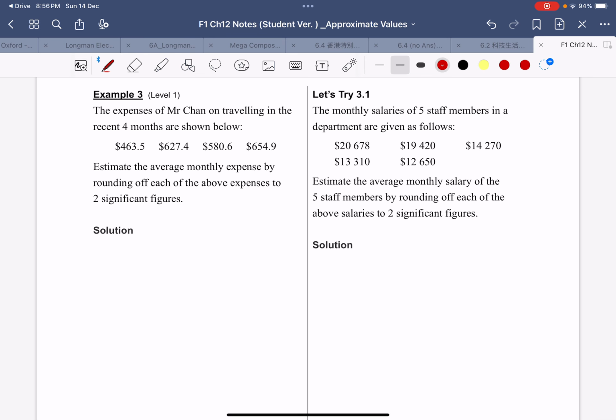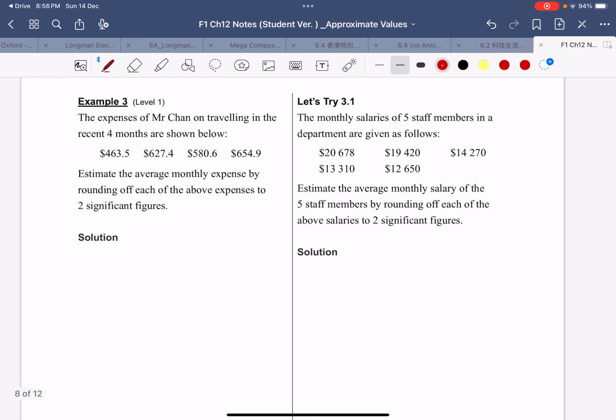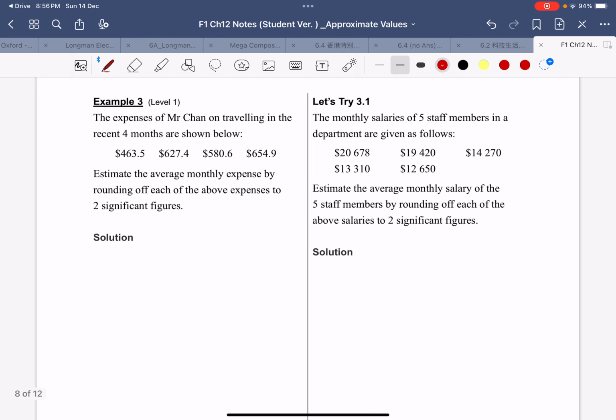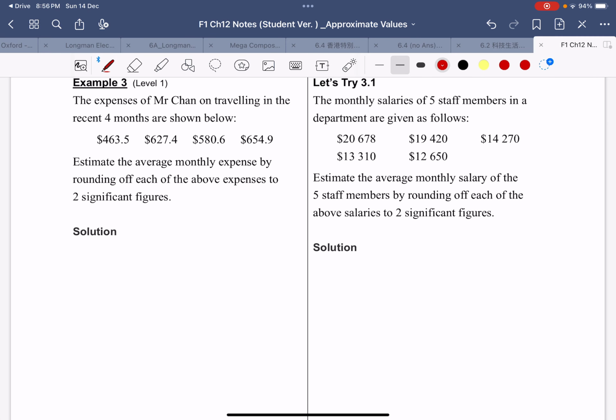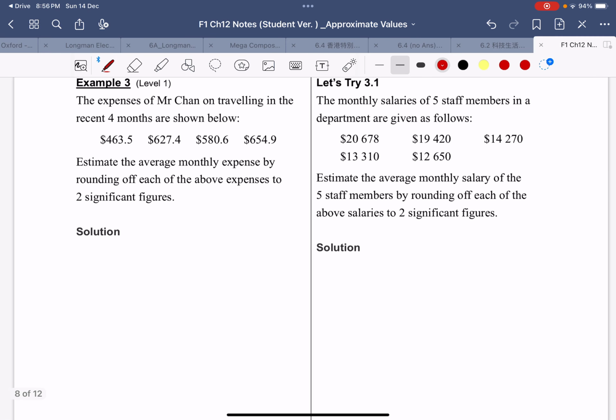All right, continue with some verbal questions. Okay, you have the four expenses of Mr. Chen on traveling in recent 4 months. So 4 expenses in 4 months. Estimate average monthly expense by rounding off each of the above expenses to 2 significant figures.